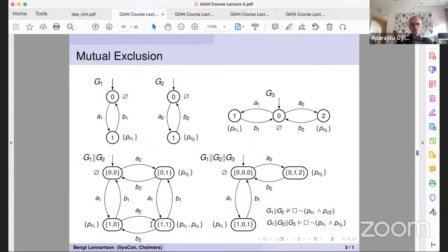And that means that you skip these transitions to that state. And actually what you come up with then is exactly this type of model G3. And then if you synchronize that with the original model here, G1 synchronized G2, you avoid the bad state.